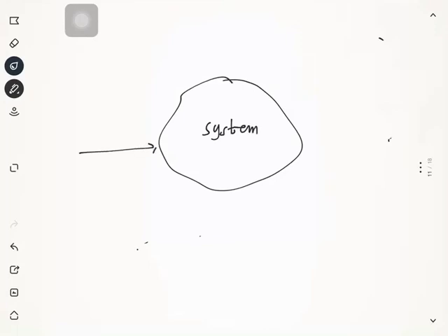So we have the summation of work, and here the summation of work also. Okay, so this is negative. For example, here is work in and work out. So this is positive and this is negative.